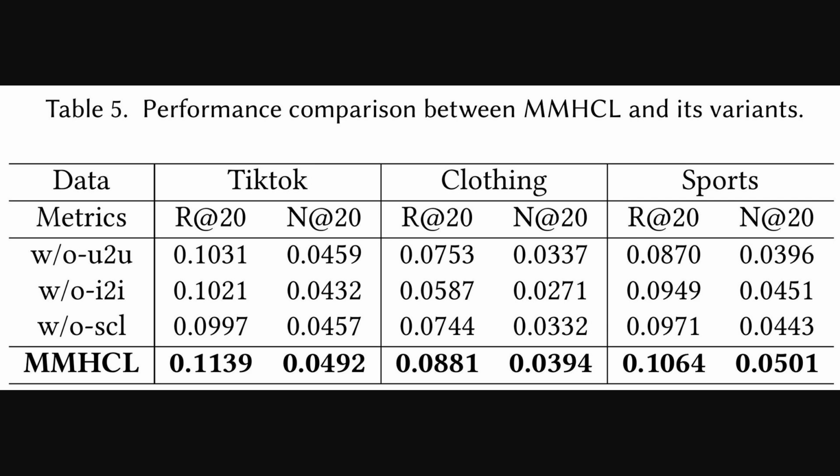And as you can see from the recall at 20 and normalized discounted cumulative gain at 20 scores across all three datasets, the complete model, shown in bold, consistently outperforms these stripped-down versions. This really highlights that every one of these components plays a crucial role.